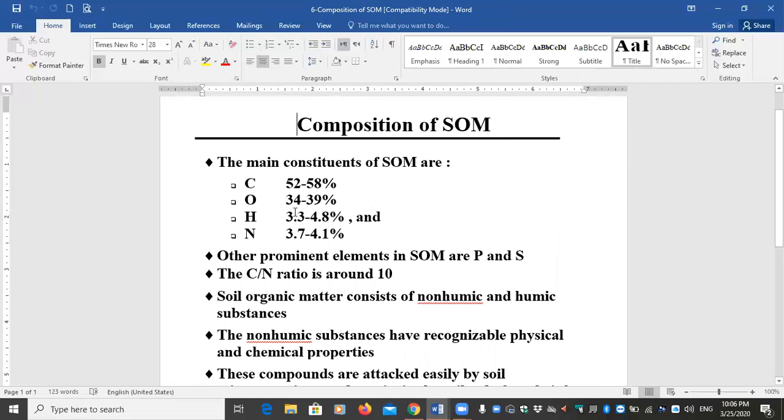Remember, these are all percentages on weight basis. So the hydrogen atomic weight is 1. Although every carbon is most of the time connected with 4 hydrogen, as you know, so the number of hydrogens is a lot more, and yet the percentage is low because hydrogen has a low atomic weight.